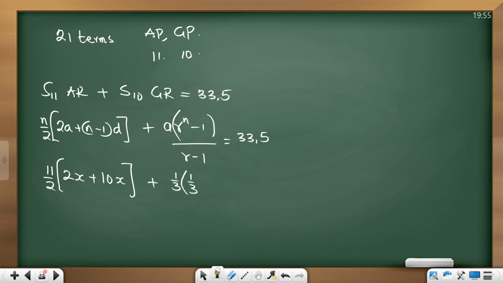Power of 10 minus 1. X plus 10x divided by 2, 6. So what do we have? 66x. Guys, I think you can take it from here.